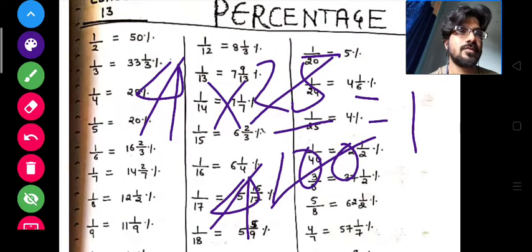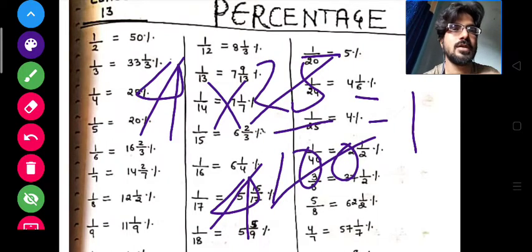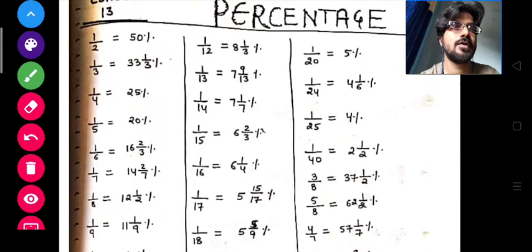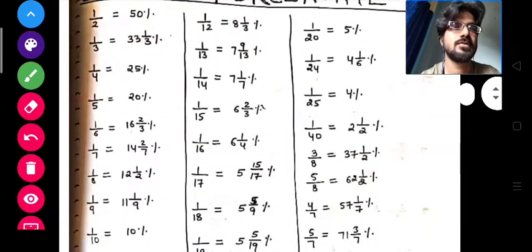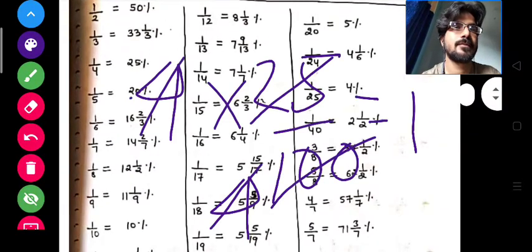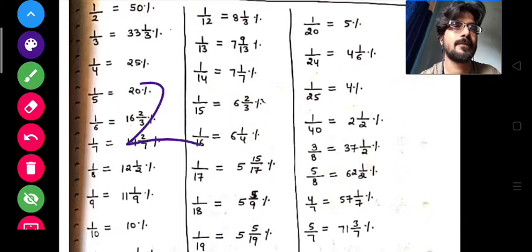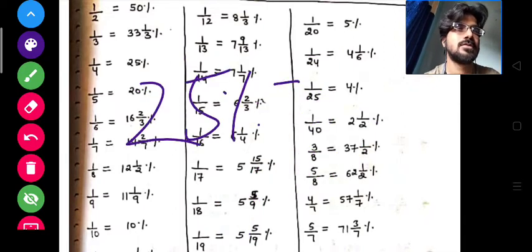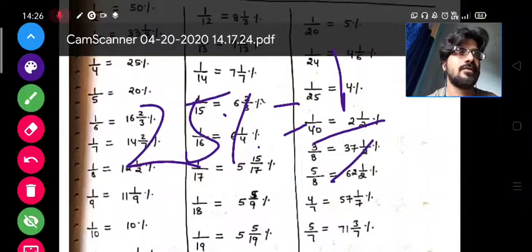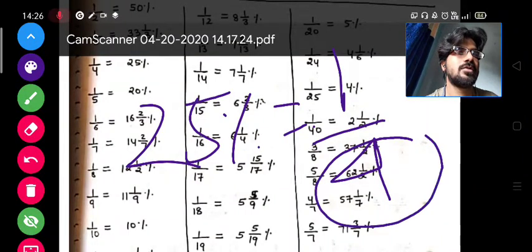That is what I am trying to explain: when you apply an operation like 25% on 4, you will get the result 1.